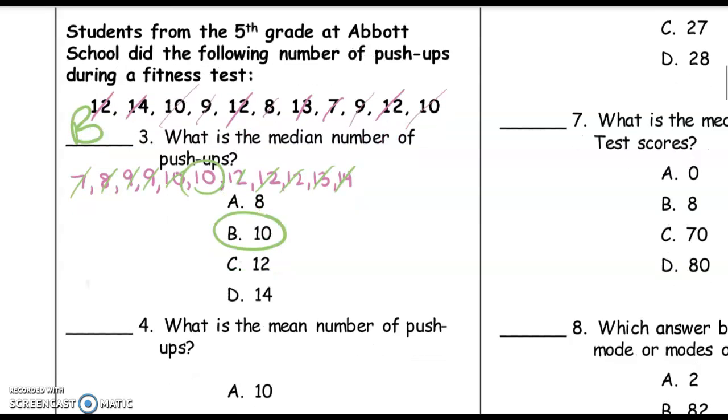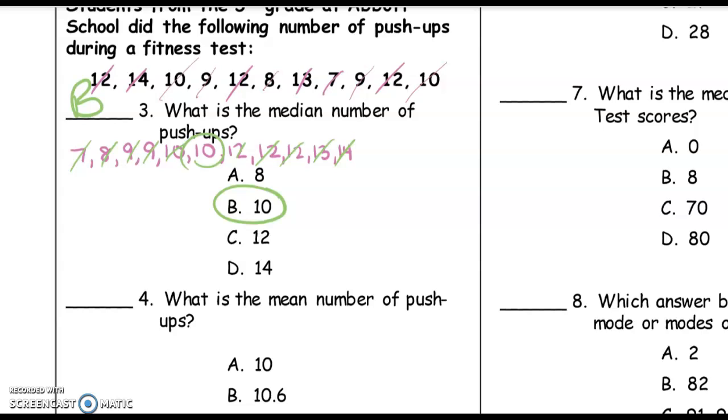All right, what's the mean? So that means I have to add up all these data values and then divide by the total amount of values I have. So that's 12 plus 14 plus 10 plus 9 plus 12 plus 8 plus 13 plus 7 plus 9 plus 12 plus 10. That gives me a sum of 116.